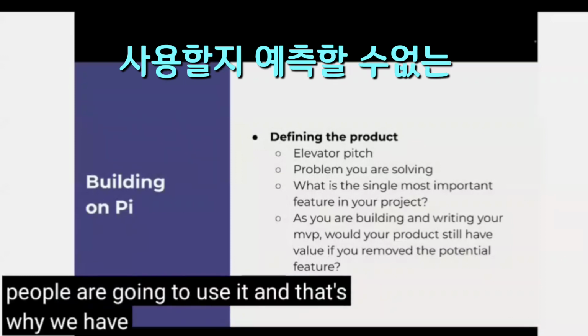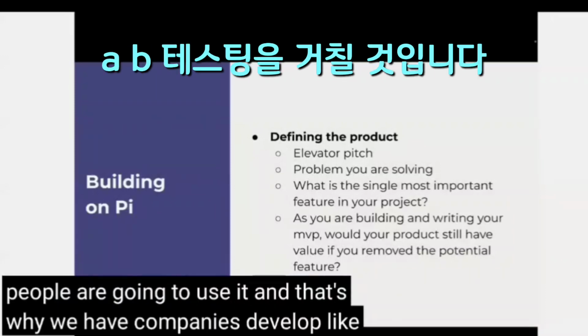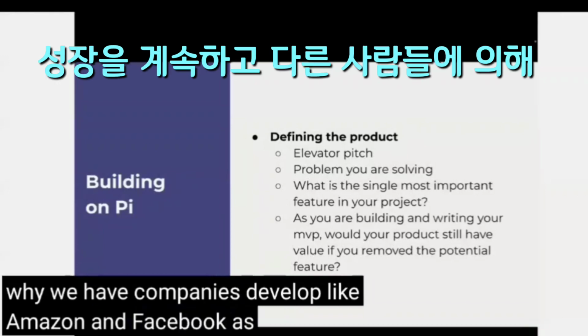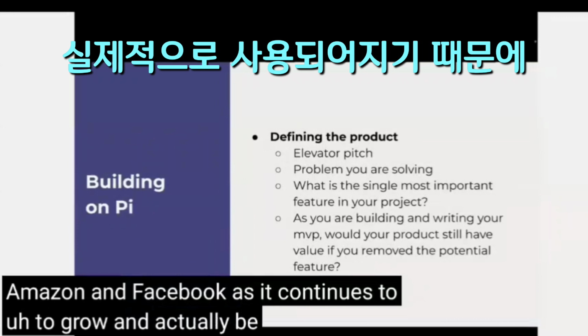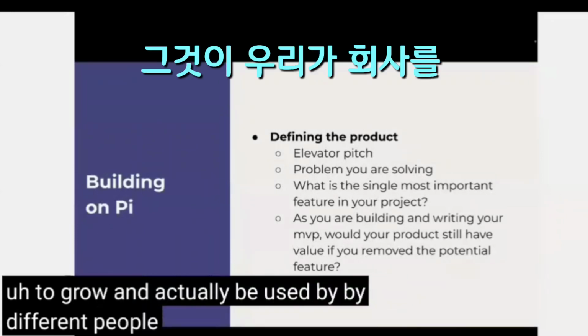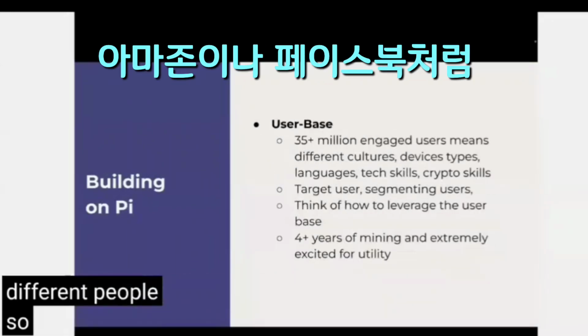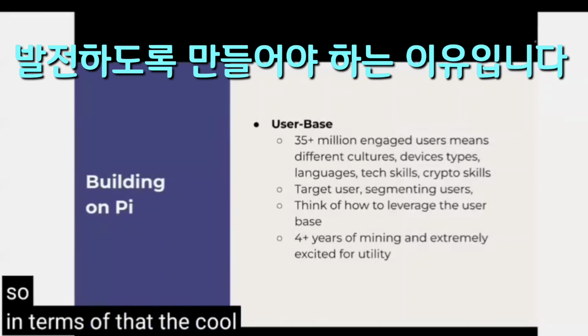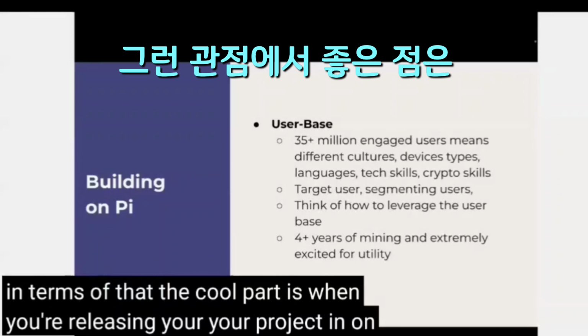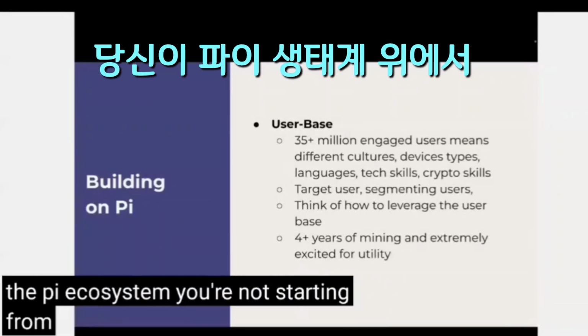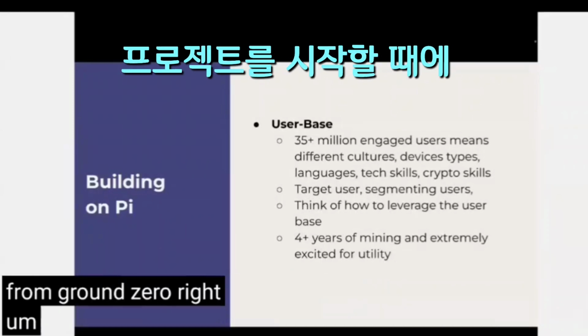And that's why we have companies develop like Amazon and Facebook as it continues to grow and actually be used by different people. So in terms of that, the cool part is when you're releasing your project on the Pi ecosystem, you're not starting from ground zero, right?